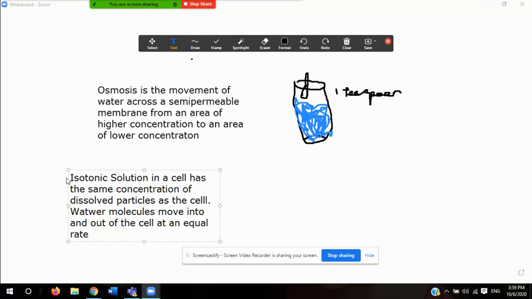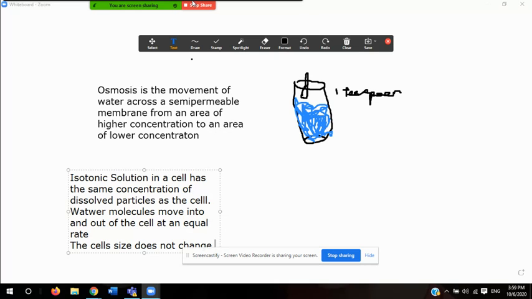So the cell's size does not change. Basically, when you have an isotonic solution, that means the cell has the same water inside as outside, and that water is constantly going in and out of the cell at the same rate, at the same speed. There are no big changes, and what that does is maintain the cell size.